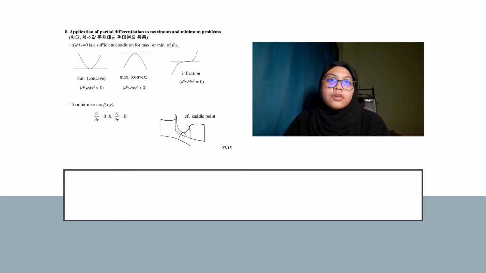Minimum is concave, which is for d²y/dx² greater than 0, and maximum is convex for d²y/dx² less than 0, and inflection graph for d²y/dx² equal to 0. So to minimize z equals f(x,y), ∂z/∂x equals 0 and ∂z/∂y equals 0.